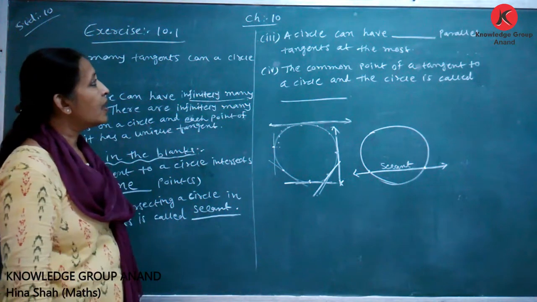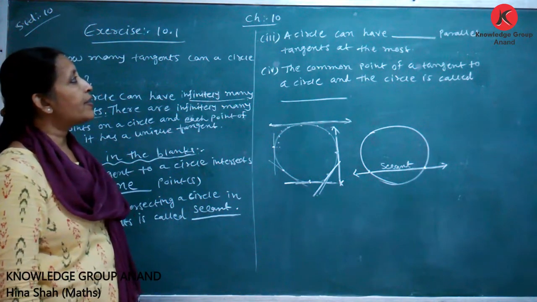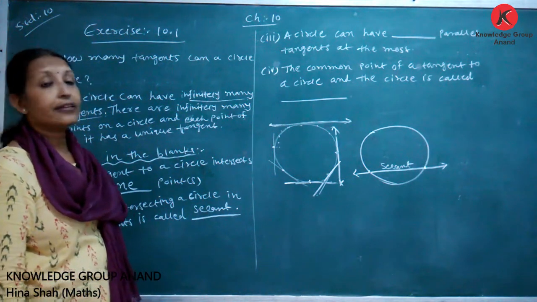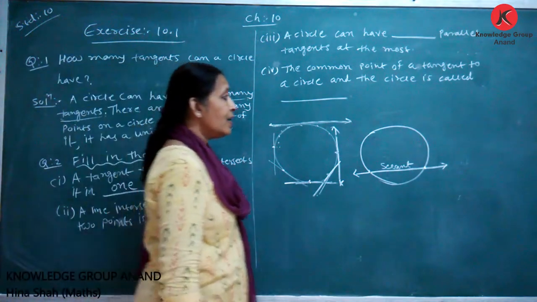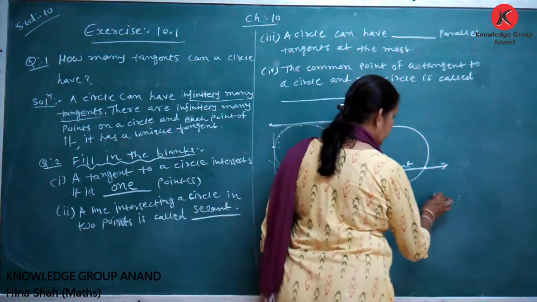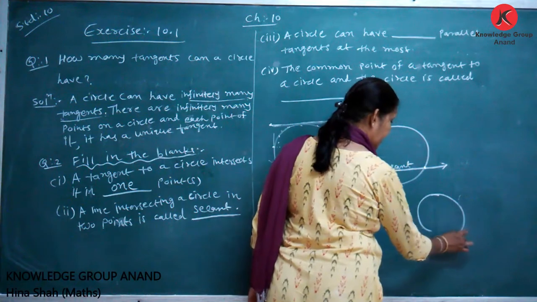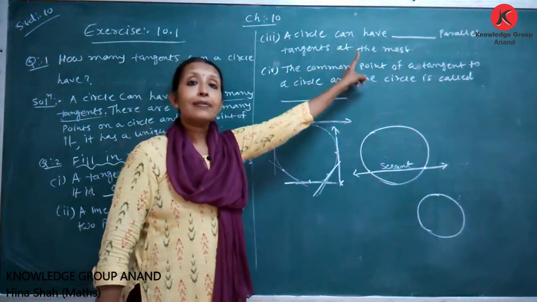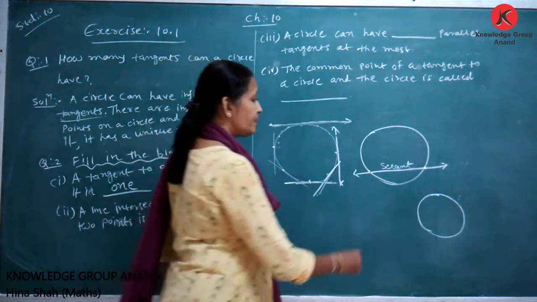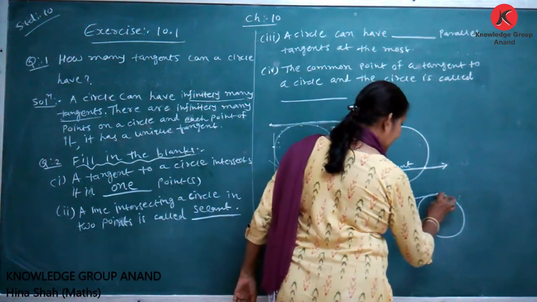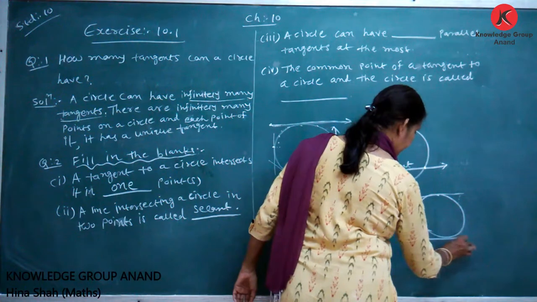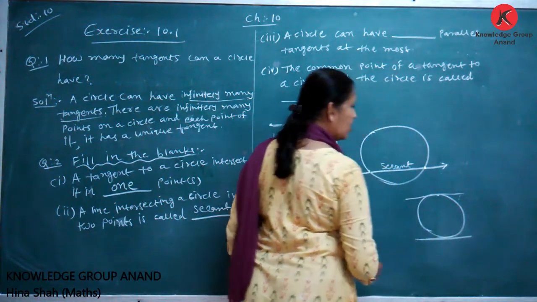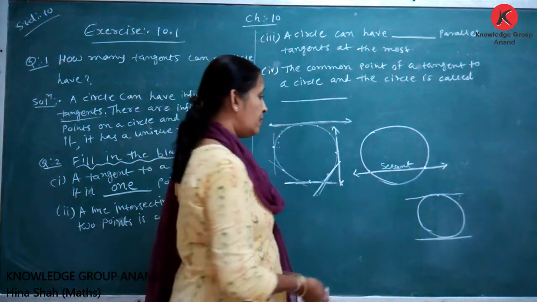Number 3. A circle can have dash parallel tangents at the most. Suppose it is a circle. Parallel tangents: how many tangents can we draw? 2 parallel.